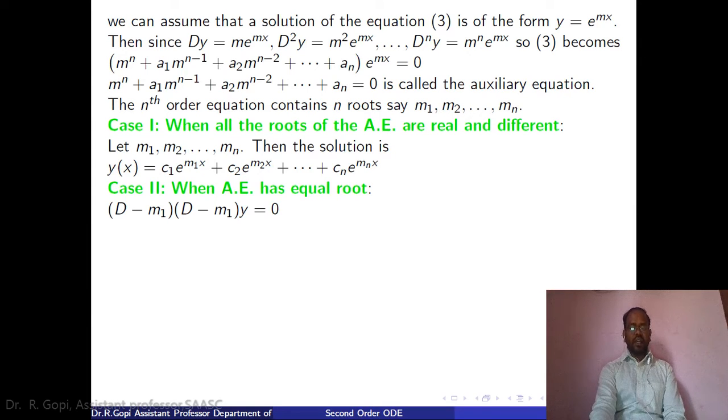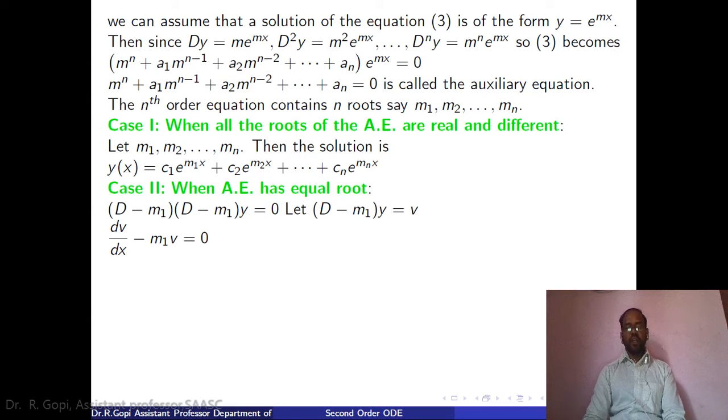Then the second case, when the auxiliary equation has an equal root, so we have to consider equation number 3. (D minus m1) into (D minus m1) y equal to 0. Let (D minus m1) into y equal to v. Then (D minus m1) into v equal to 0. That is nothing but dv by dx minus m1 into v equal to 0.